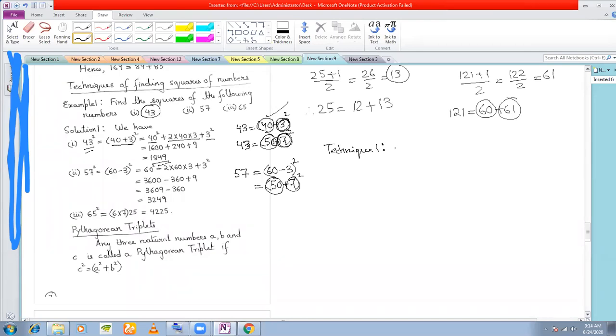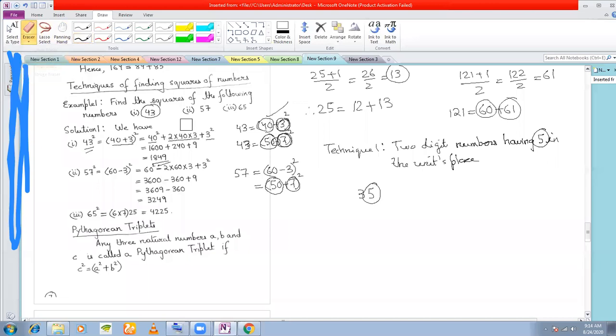It will apply to two-digit numbers having 5 in the units place. This will apply only to such numbers which have 5 in the units place. For example, let us say 35 has 5 in its units place, so we can square 35 with the help of this technique.